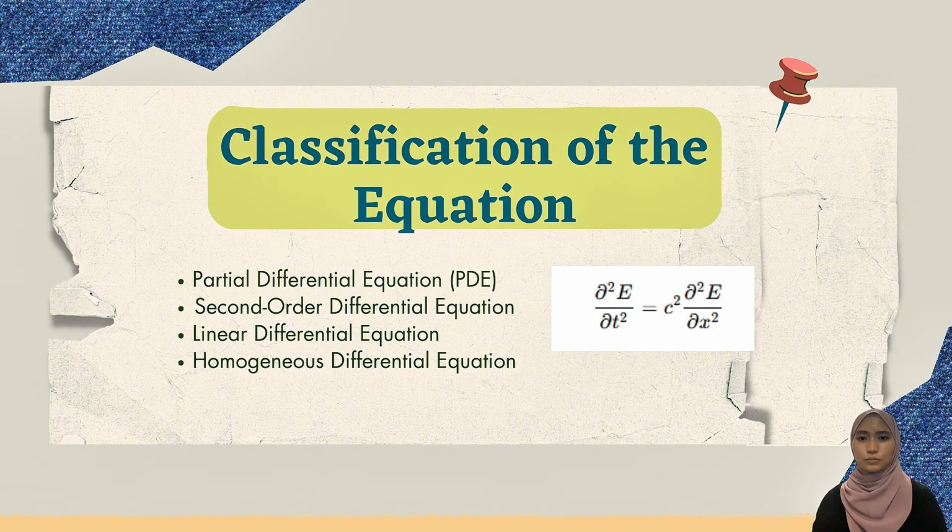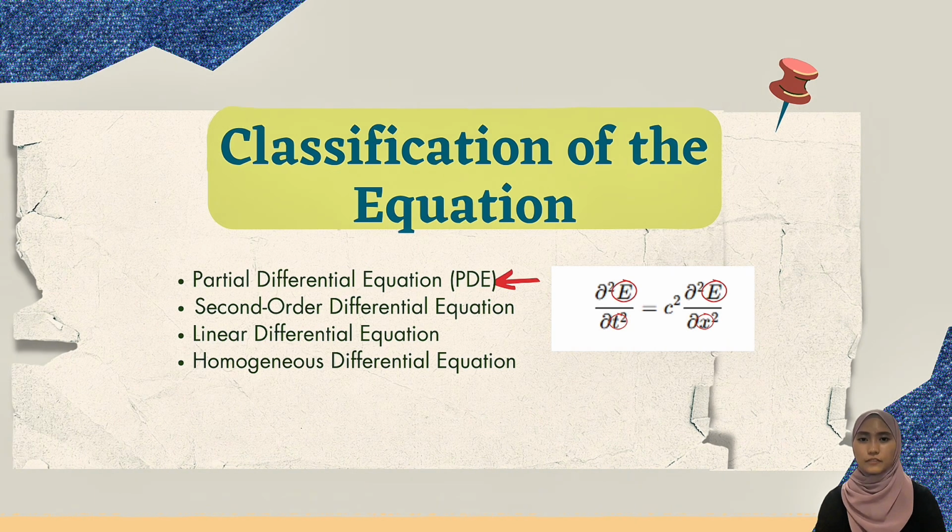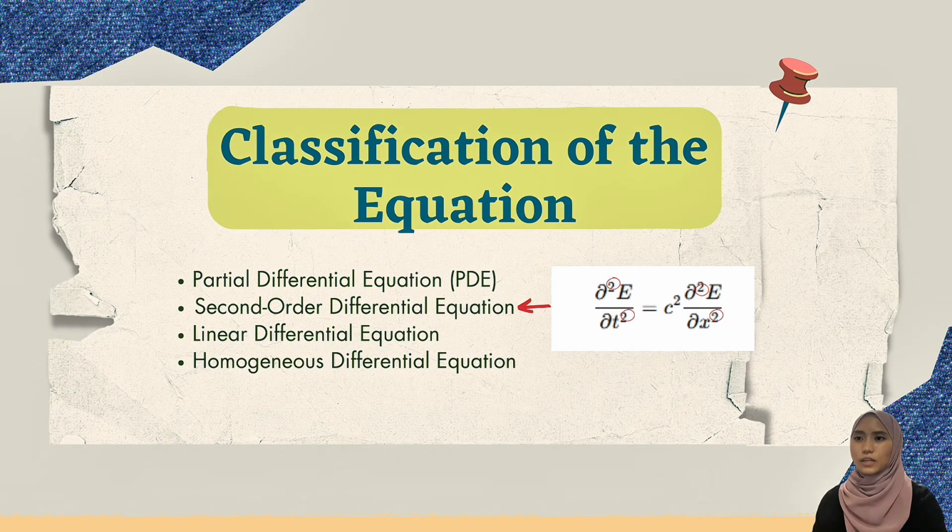Alright, so moving to the classifications of the equation. We have four classifications. First is partial differential equation, PDE. It has derivatives with respect to more than one variable, namely time t and position x. For the second one, it is a second order differential equation. It contains the second order derivative of the electric field E, making it a second order equation.